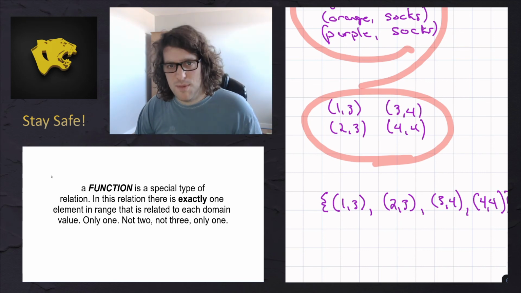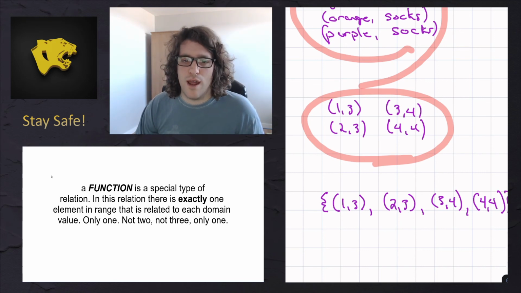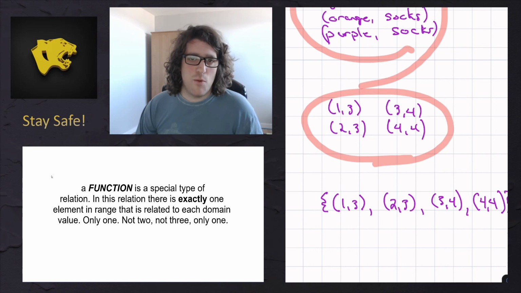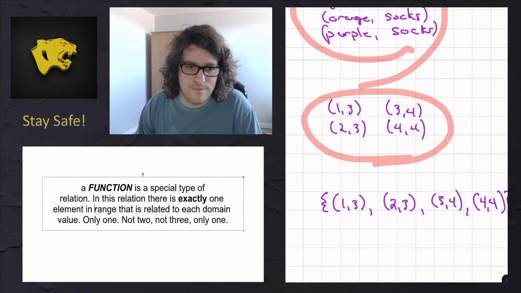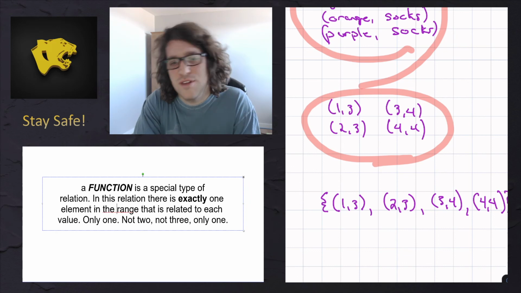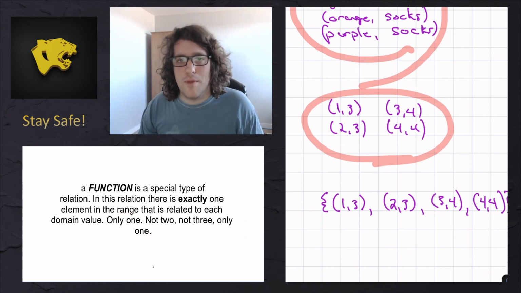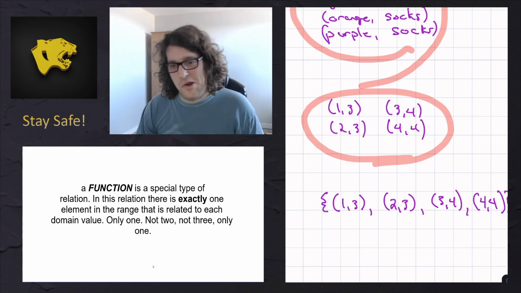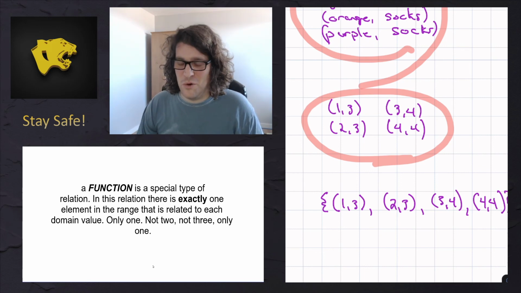In the relationship that we are going to classify as a function, there is exactly one element in the range that is related to each domain value. Only one. Not two, not three, only one.